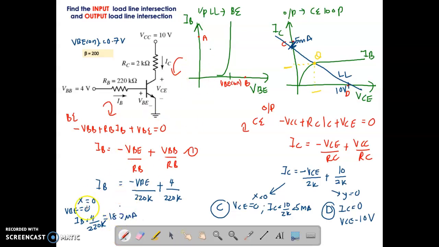This is point A, 18.2 microampere. How about point B? You need to have y equal to 0, and y is IB. IB equal to 0, what will happen? Your VBE will become 4 volts. So your point B here is 4 volts. Once you get point A and point B, you draw a straight line. So this is your Q point. Okay. Thank you.